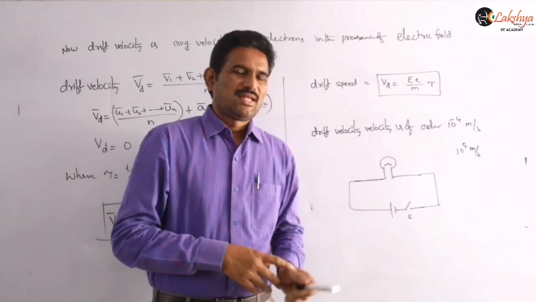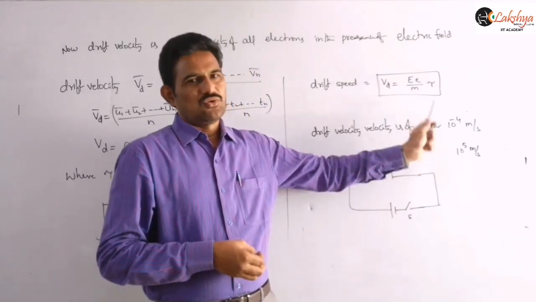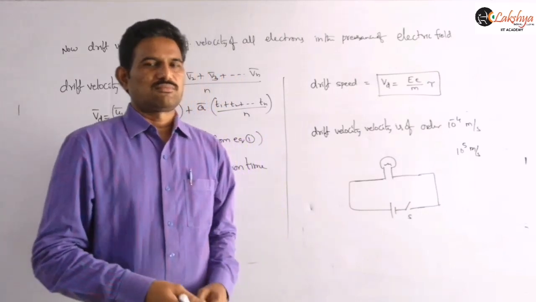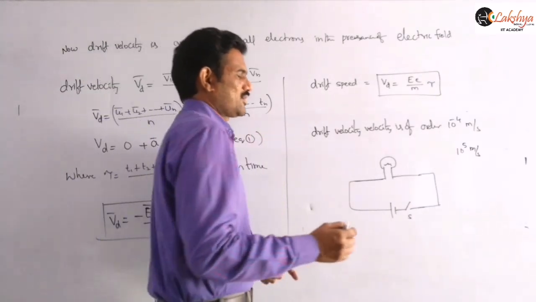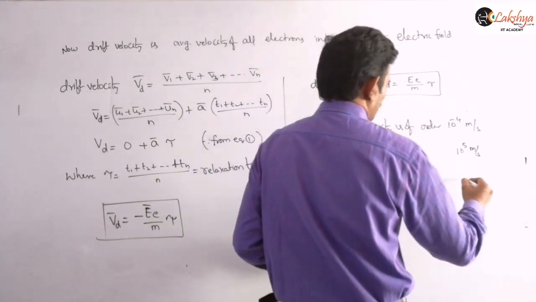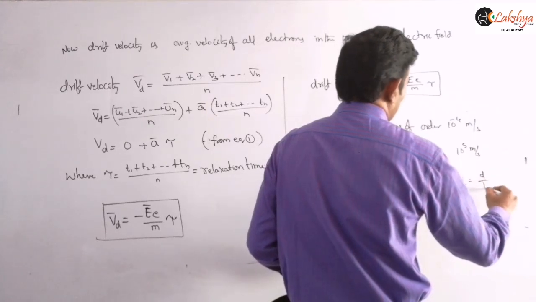So if you close the switch, the bulb will glow immediately even though the drift velocity is very low. How is it possible? For example, if the bulb is at a distance of 1 kilometer from the source, then time taken is distance by speed.